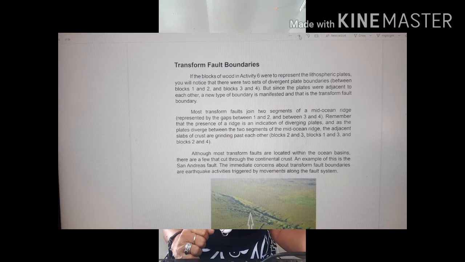The third type is the transform fault boundary, wherein plates slide or grind past each other without diverging or converging.